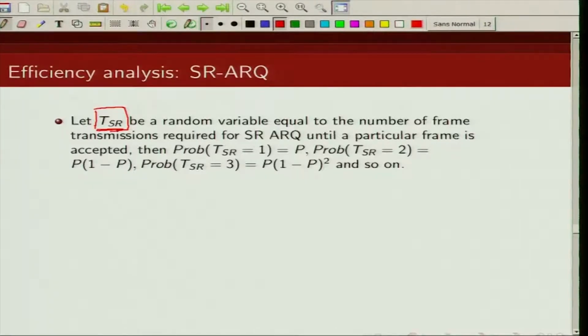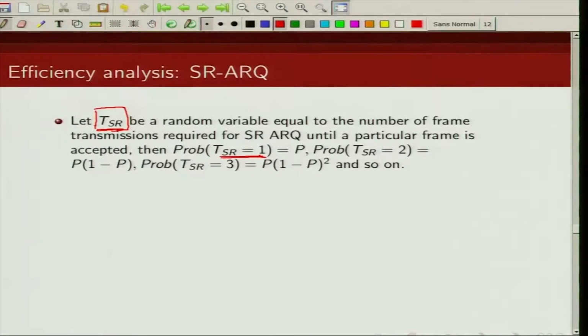So T sub SR is a random variable which denotes the number of frame transmissions required for selective repeat ARQ until a particular frame is accepted. Now let us compute the probability that T sub SR is 1.